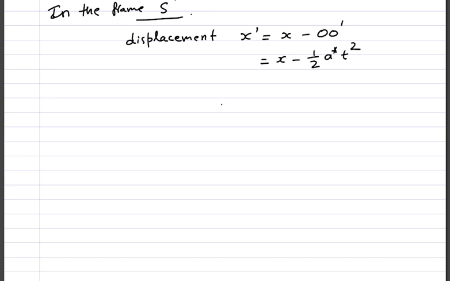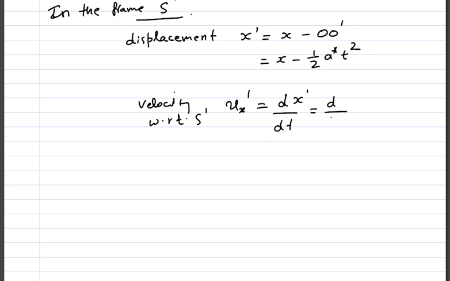Therefore, velocity u x dash, we call velocity with respect to S dash. This is the velocity of the particle with respect to S dash, u dash, and that is given by differentiation of x dash by dt.